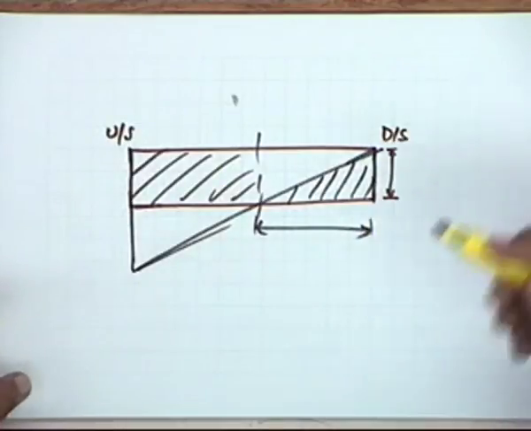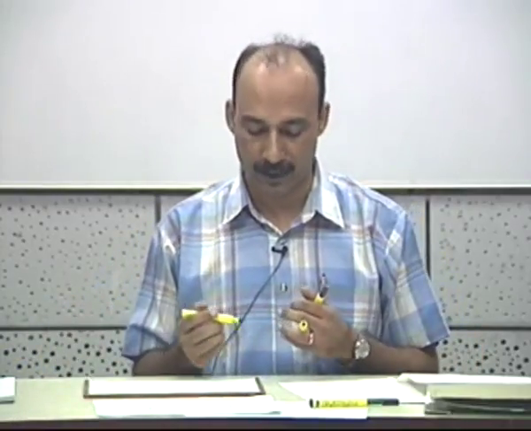So to look at those aspects, you have to define some more indices which can throw some light on the distribution of water.